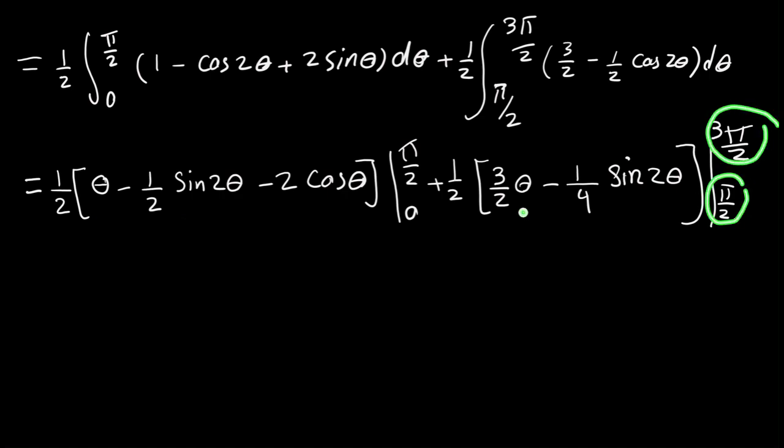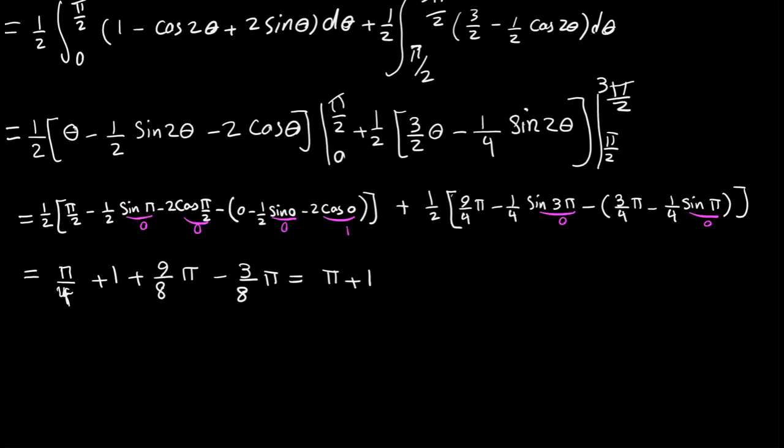After simplification, and considering sine of pi, cosine of pi/2, cosine of 0, sine of 3 pi, the final answer is pi plus 1. That's the area between our curves, inside the cardioid and outside the circle.